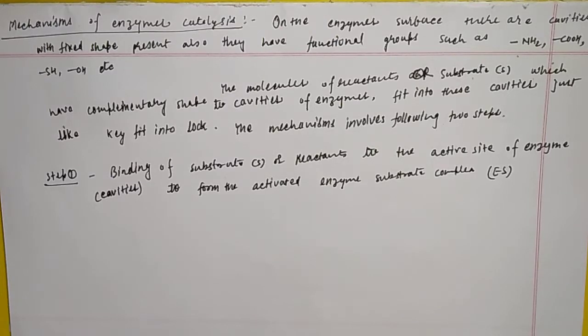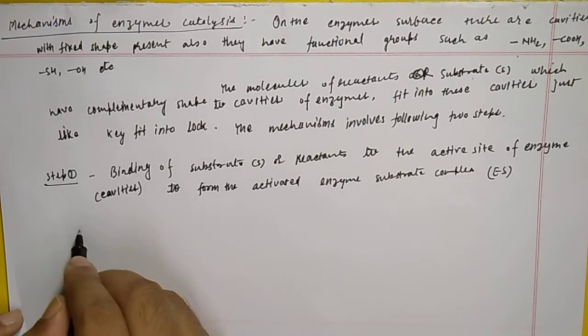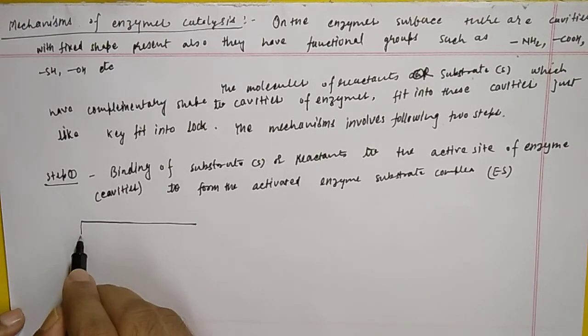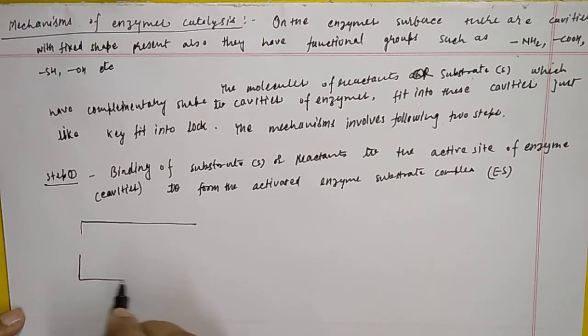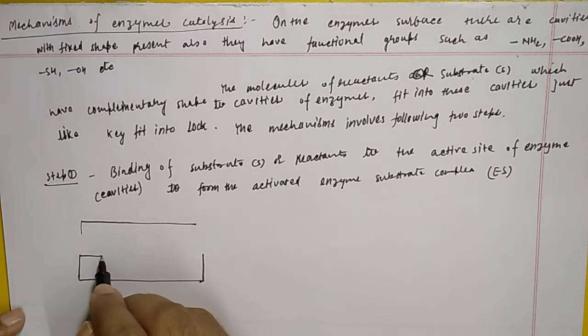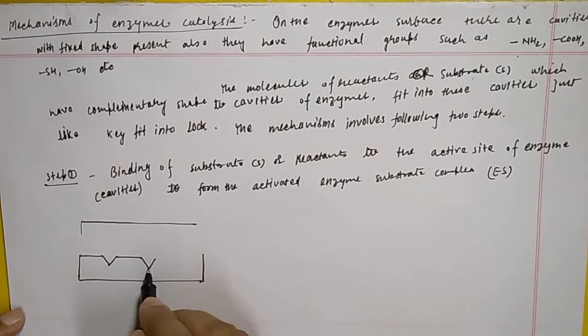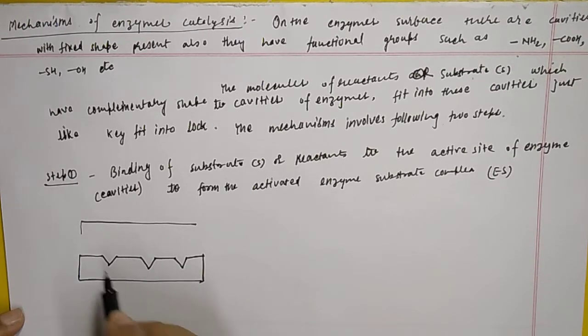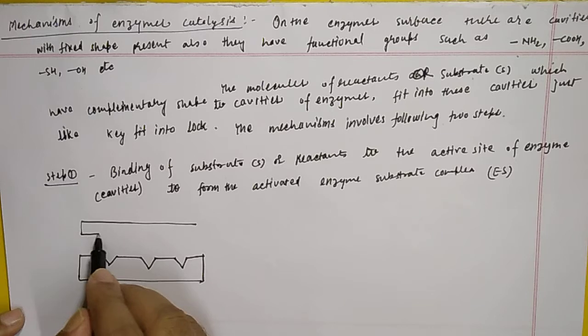Now let us see with the diagram how we can understand. Firstly we will draw the enzyme, because the important thing is the enzyme. The enzyme has cavities like this, having some functional groups and a fixed shape.